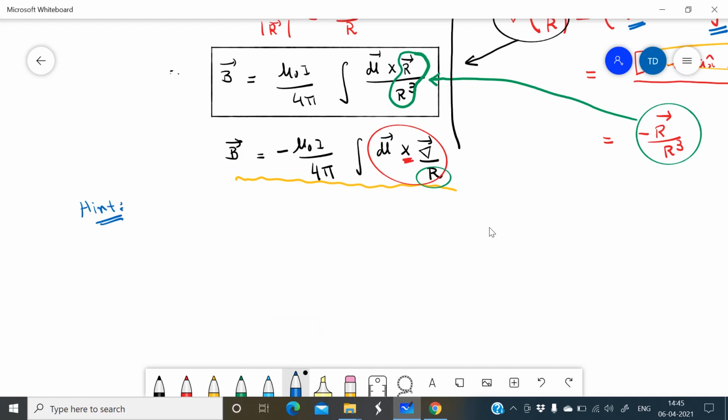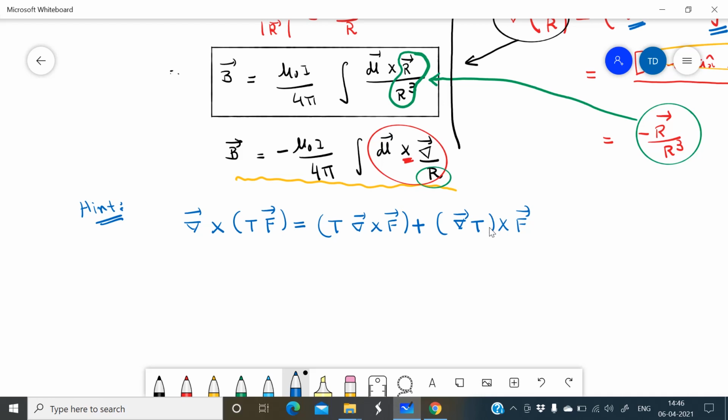According to the vector identity, if you take the curl of t times a vector F, where t is a scalar quantity such as temperature, it equals t times (del cross F) plus (del t) cross F.